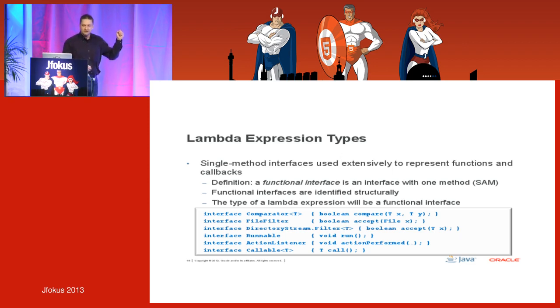So the comparator, because these are used a lot in Java: comparator, file filter, directory stream, runnable, action listener, callable. All of these fit exactly into the idea of Lambda expression because they have a functional interface, because they're single abstract method types. So we can think of these as being functional interfaces that we can use in Lambda expressions.